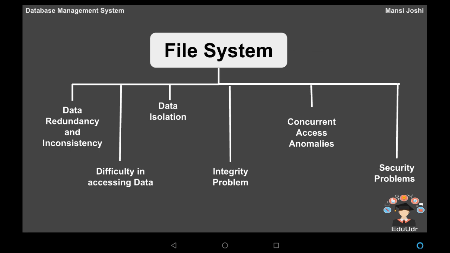If two users access same file at the same time instance, it might cause inconsistency in the record. The last drawback I am going to discuss is security problem. For example, in a bank, a clerk should not be allowed to access confidential data of the bank. But it is very difficult to enforce such security measures in the file system.